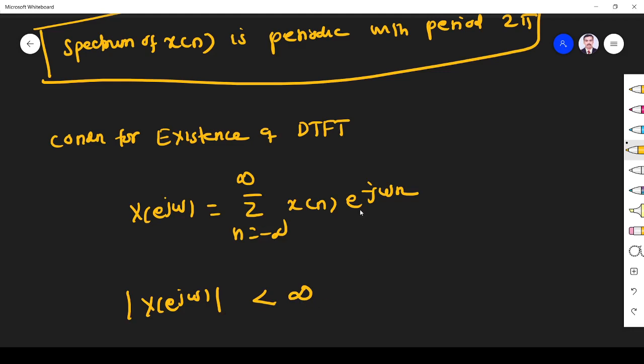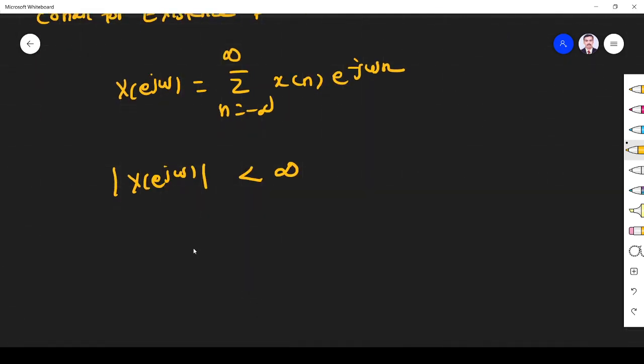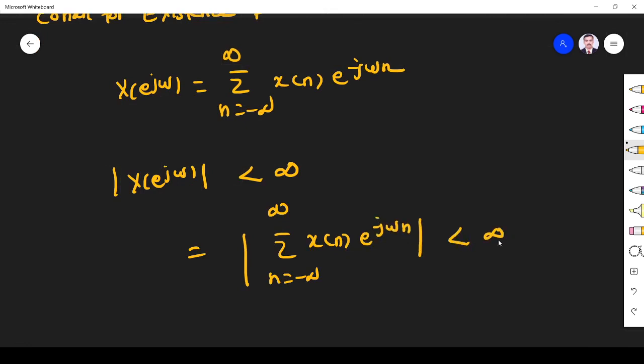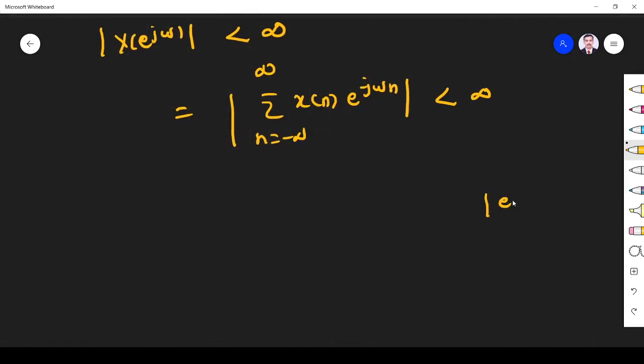If mod x of e power j omega should be less than infinity, I have to take the modulus on the right side also. This implies mod of summation n from minus infinity to plus infinity, x of n e power minus j omega n, must be less than infinity. What is the modulus of e power j omega n? Modulus of e power plus or minus j omega n is equal to 1, because it is cos omega n plus j sin omega n.